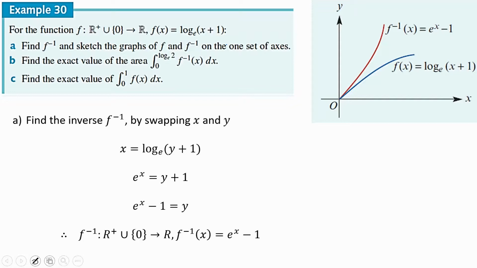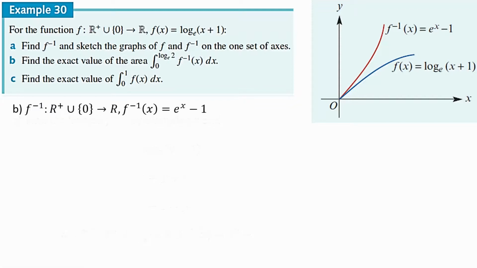Now B says find the exact value of the area. You want the area of the inverse function with respect to x between 0 and log e of 2. Okay, so we're doing B. If we were to do this problem, we've got e to the x minus 1, we've got the function already, and we can antidifferentiate this because we've got the rules for it.